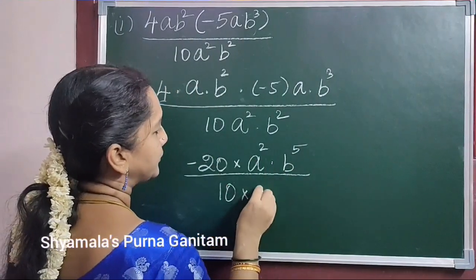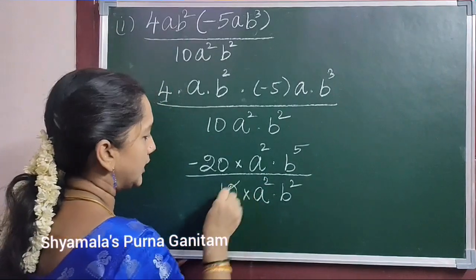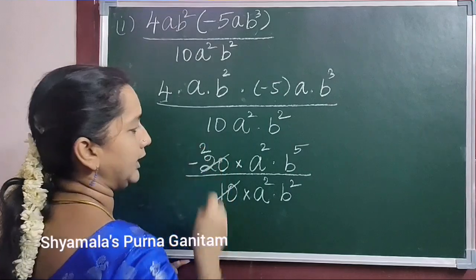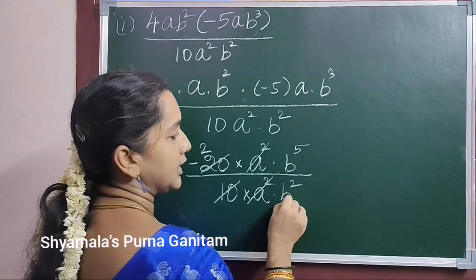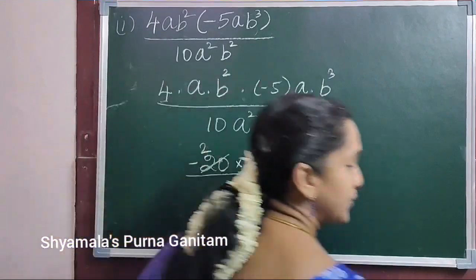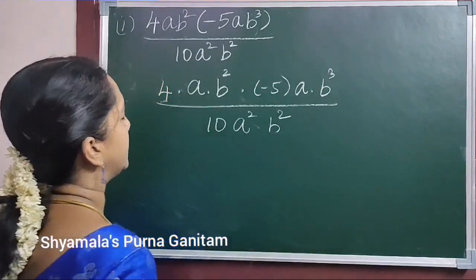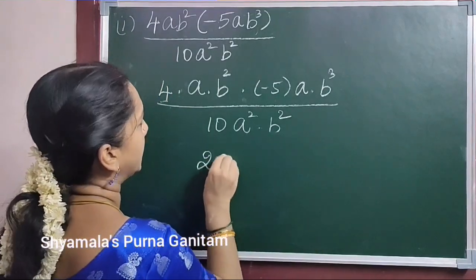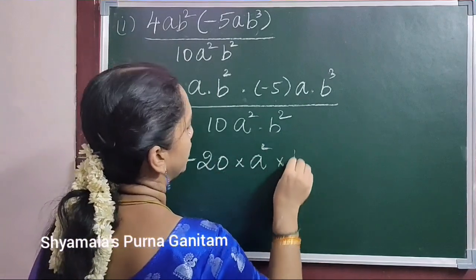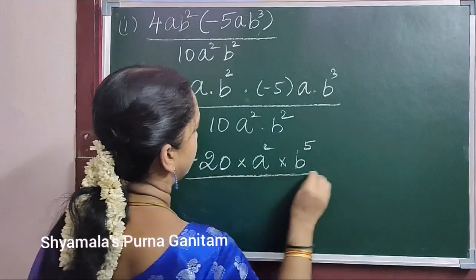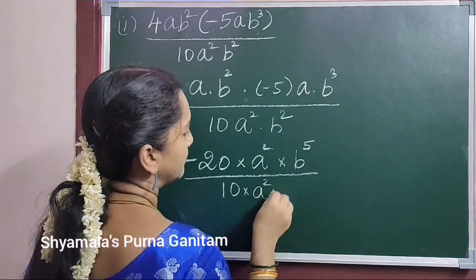Denominator is 10 into a squared into b squared. Here 10, 2 times 20. Then a squared and a squared will get cancelled, and b squared is there. Or if we want to use the laws of exponents, we can do it this way also. So minus 20 into a squared into b power 5 divided by 10 into a squared into b squared.